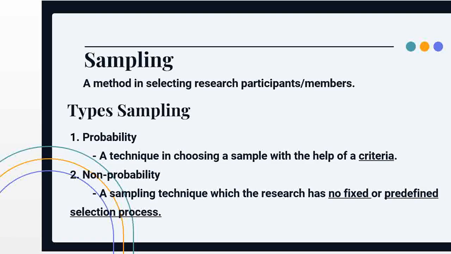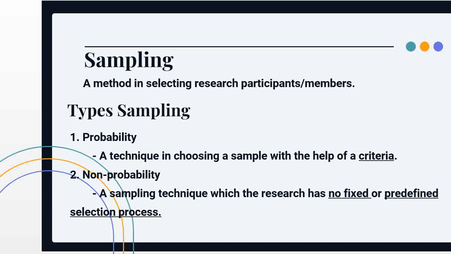Okay, so again, when we say sampling, it is a method in selecting research participants. Meaning, yung process, yung pagkuha natin ng sample doon sa ating population, yun yung tinatawag nating sampling. And there are two types of it. We have the probability sampling and the non-probability sampling. When we say probability sampling, a technique in choosing a sample with the help of criteria.